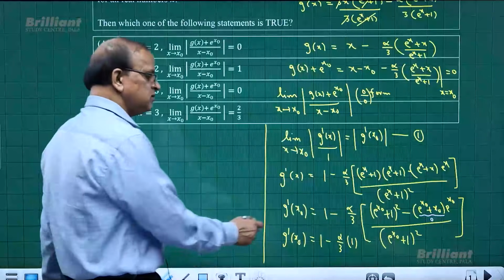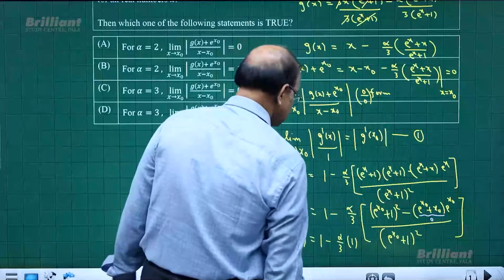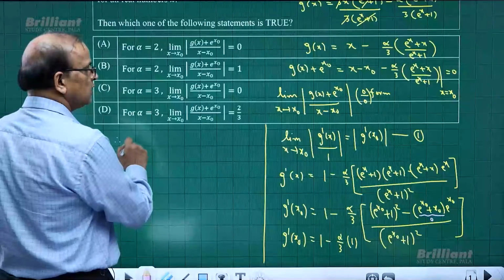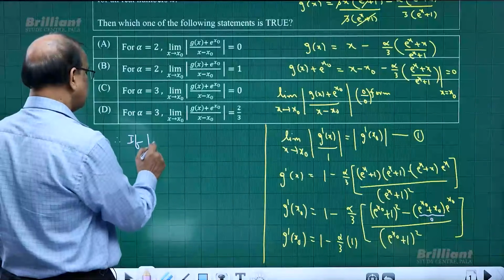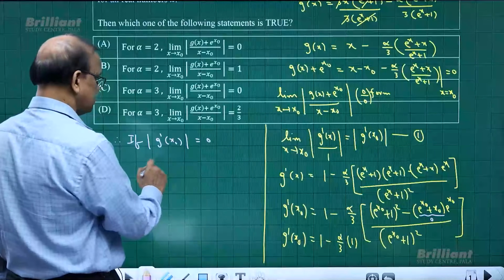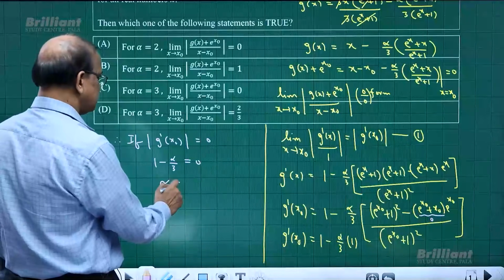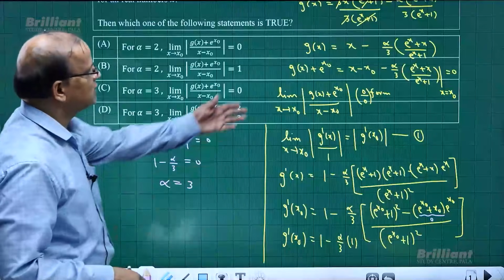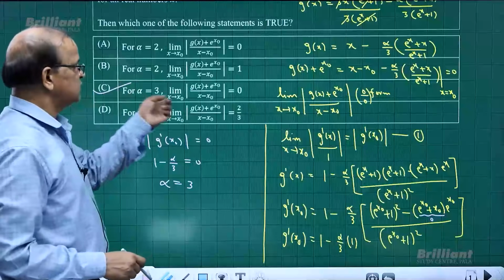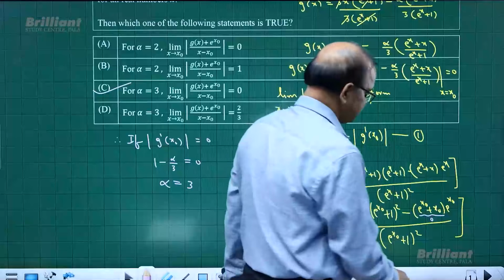If mod of g dash x naught is equal to 0, then 1 minus alpha by 3 is 0, so alpha is 3. So if alpha is 3, this limit is 0. Alpha 3 means option C, right. For alpha 3 this is 0, but option D has 2 by 3. So therefore C is correct.